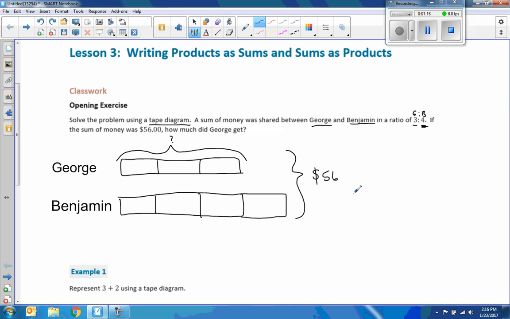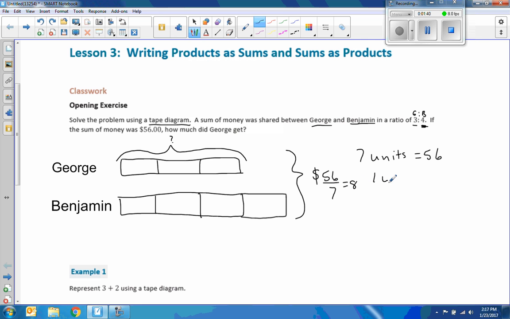Okay, so the way we can look at this is we have 7 squares, or 7 units, equals 56. So since I have 7 units and it equals 56, in order to find out what 1 is, I would divide 56 by 7 and I would get 8.